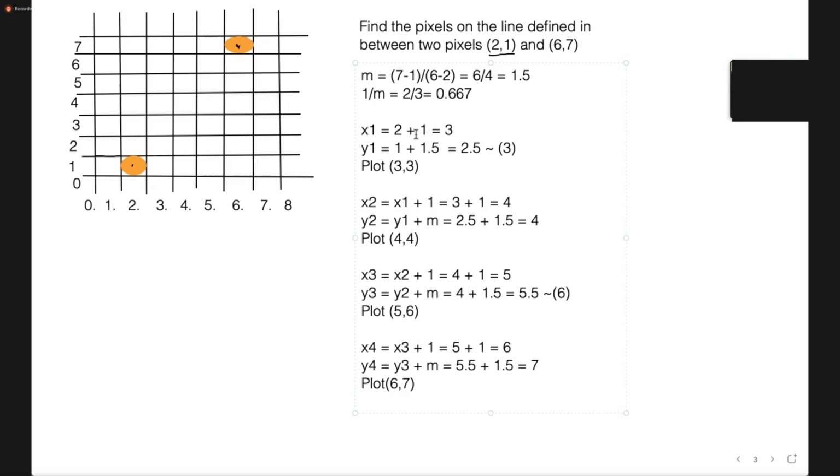x plus 1 over m, y will be added with 1. Y will be added with 1 and x will be added with 0.667.